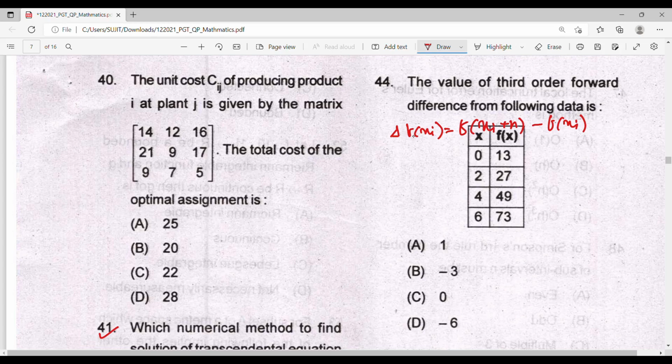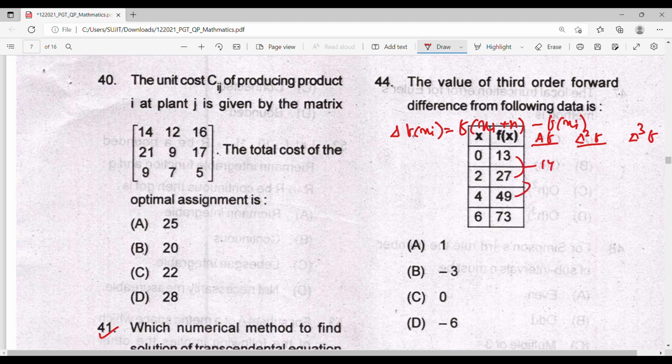Here x is given and f of x is also given. Let us write forward delta f, forward delta square f, and forward delta cube f. Forward delta f is 27 minus 13, which is 14.